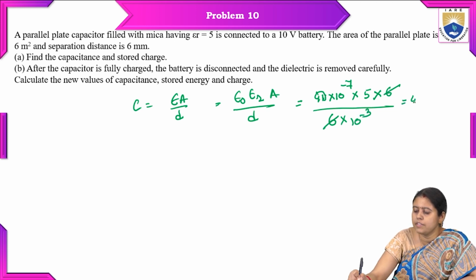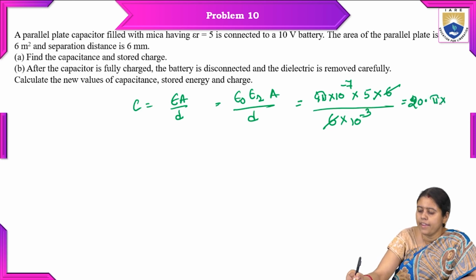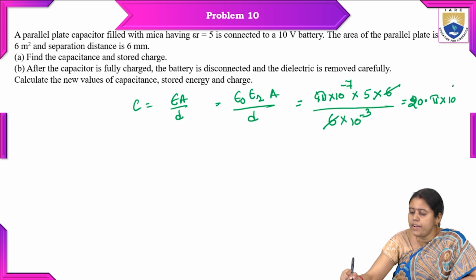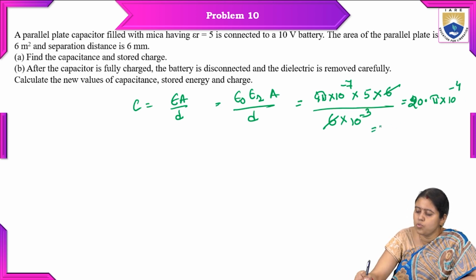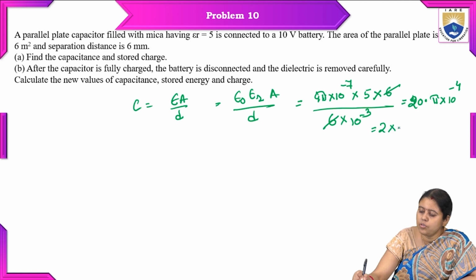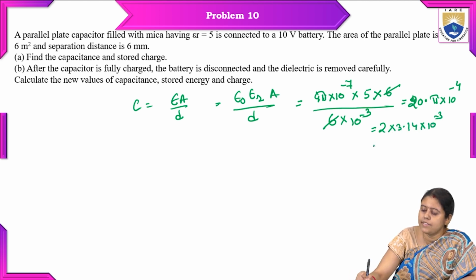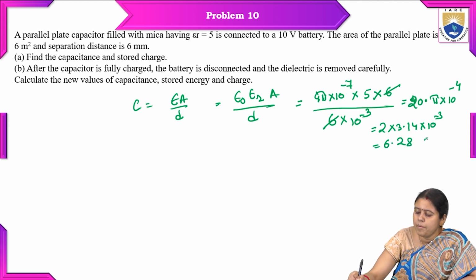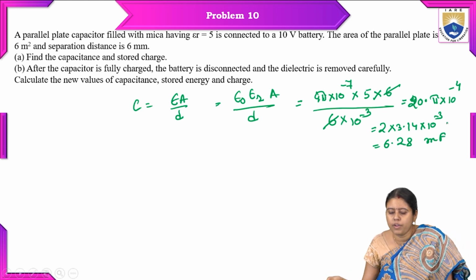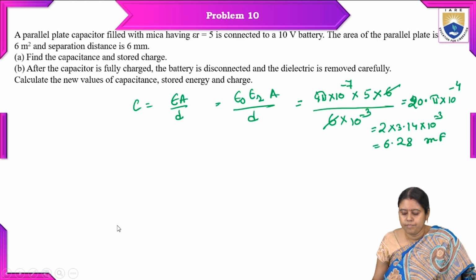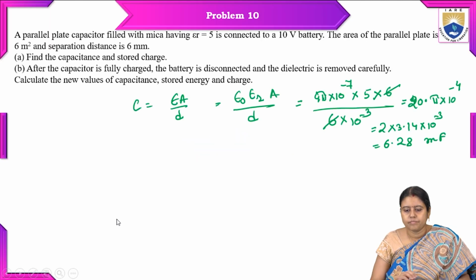So this value is coming 20 pi into 10 to the power minus 4, so 2 into 3.14 into 10 to the power minus 3, 6.28 millifarad. We got the value 6.28 millifarad.